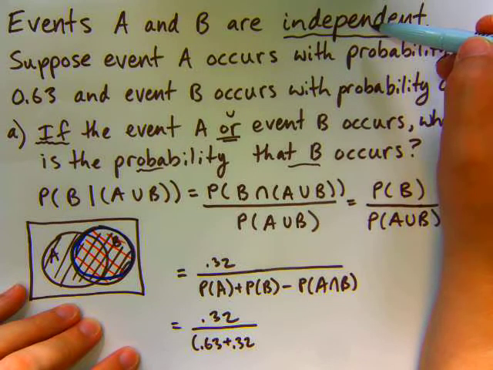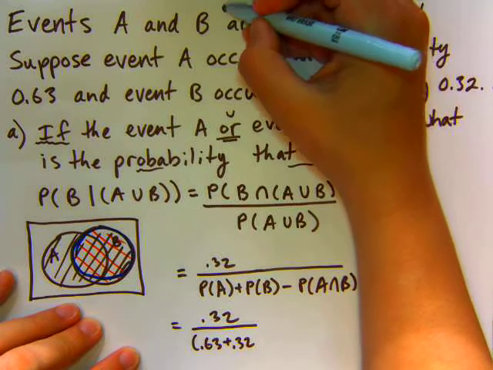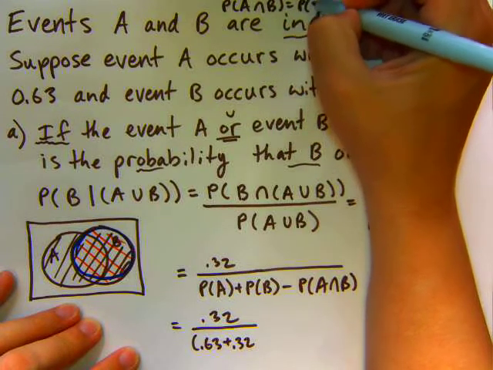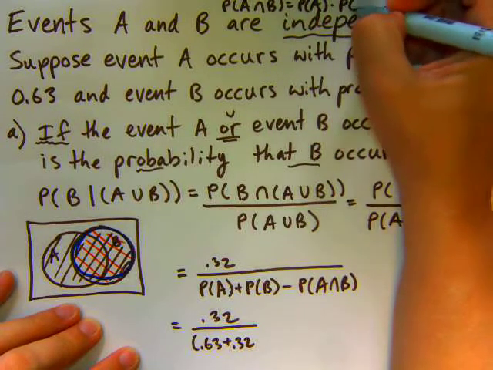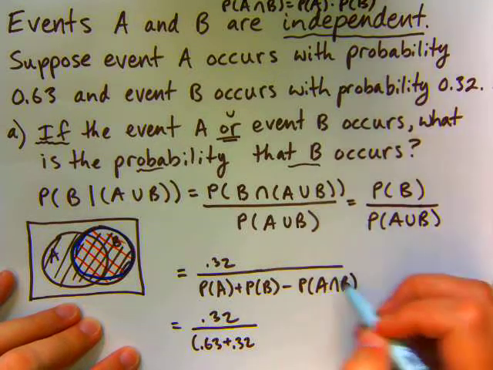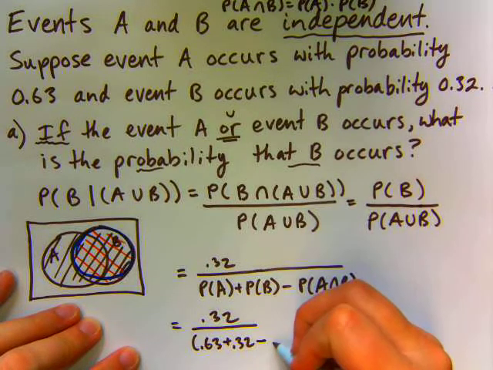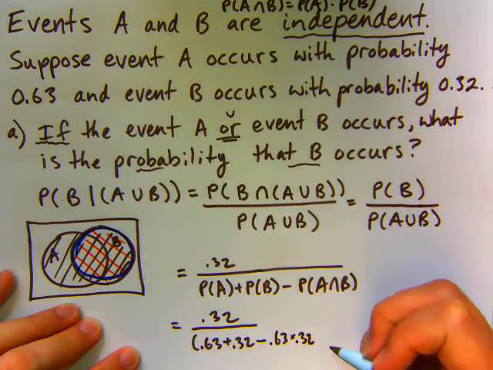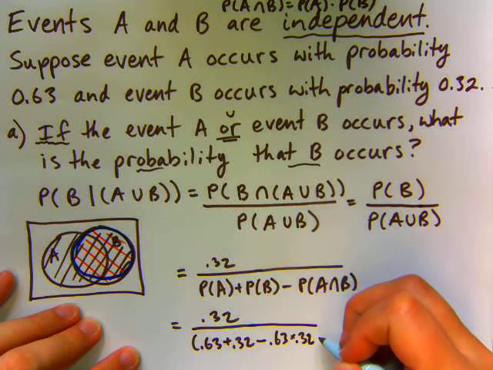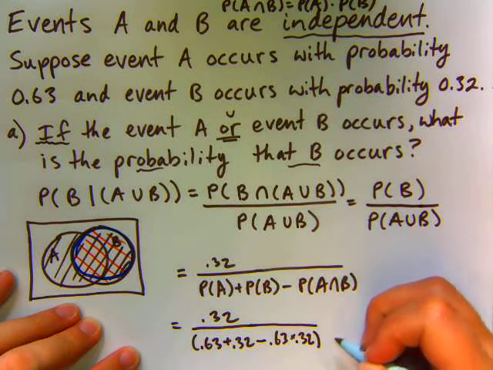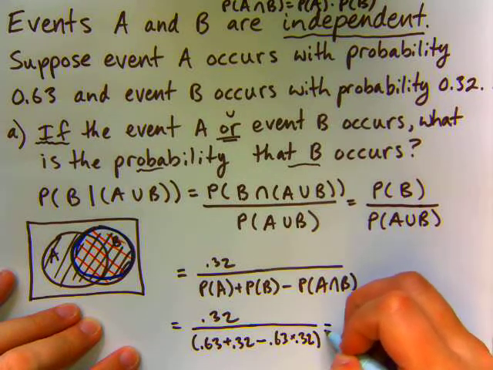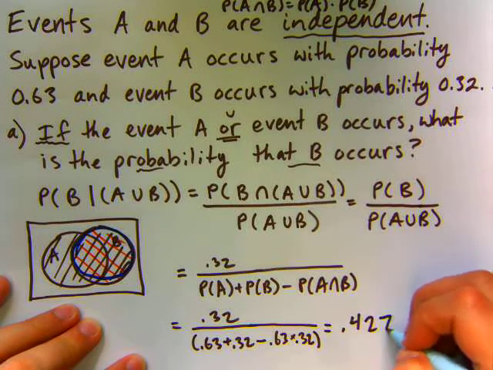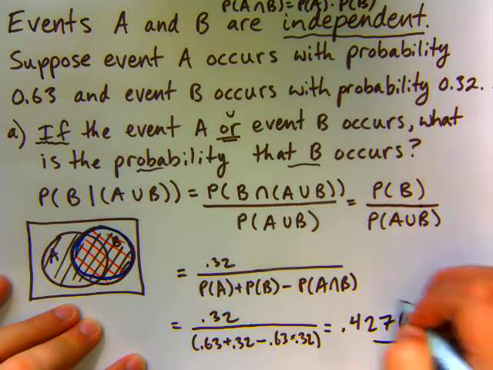When two events are independent, by definition, the probability of A intersect B equals the probability of A times the probability of B. So we can replace this piece in here with 0.63 times 0.32. Again, you can only do that if it specifically states beforehand that they're independent. And if you slide that down, it gets to be 0.4276, and that would be your answer.